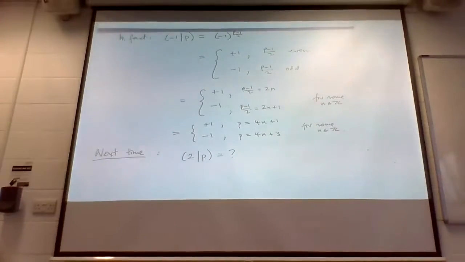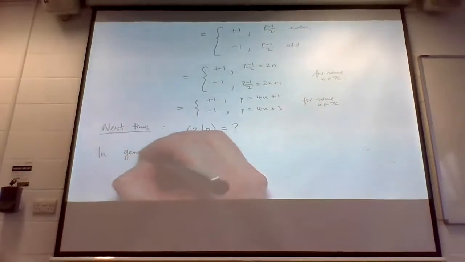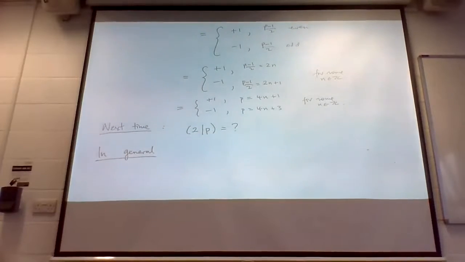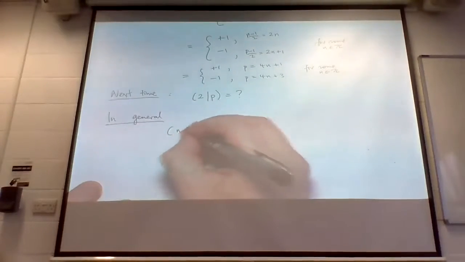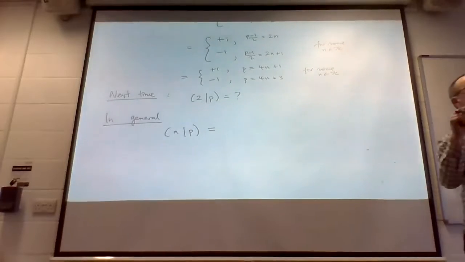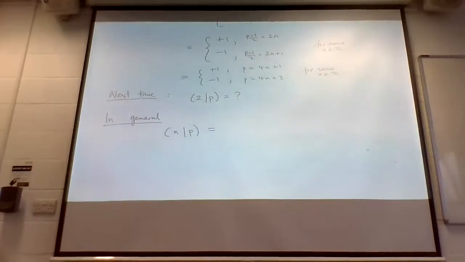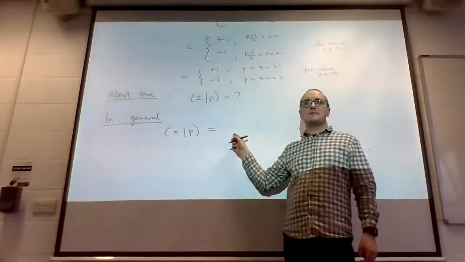Now, I've still just got a couple of minutes, but I just want to show you one thing, which is to look ahead to the culmination of the chapter. In general, we're going to be faced with the problem of working out whether n is a quadratic residue modulo p or not. But we already know that the Legendre symbol is multiplicative. We proved that.